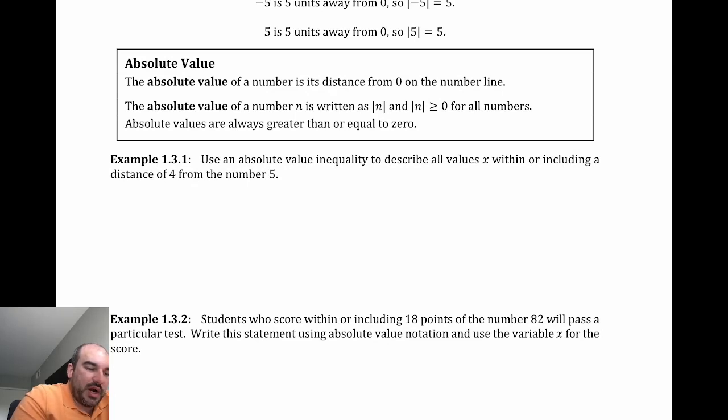We want to describe all values x within a distance of 4 from the number 5. So the distance is going to be 4. So distance equals 4 is what we want to work with here.